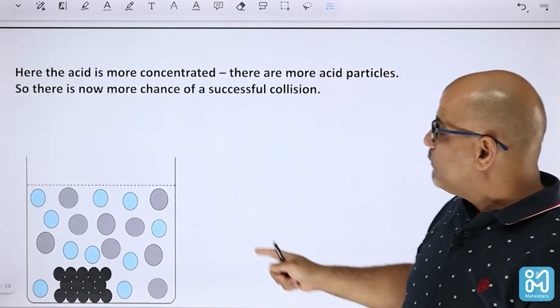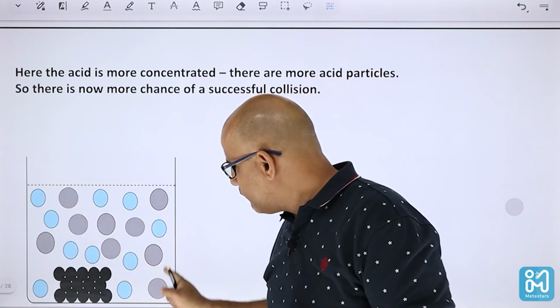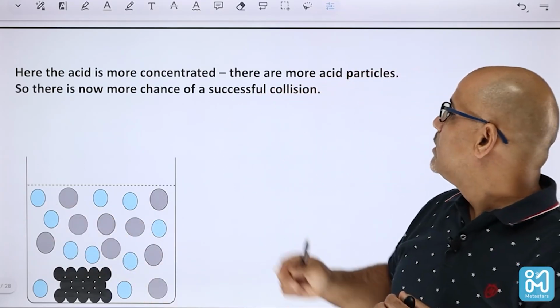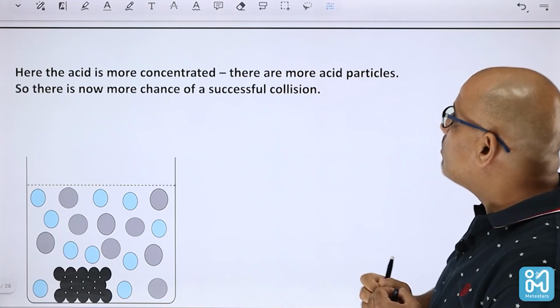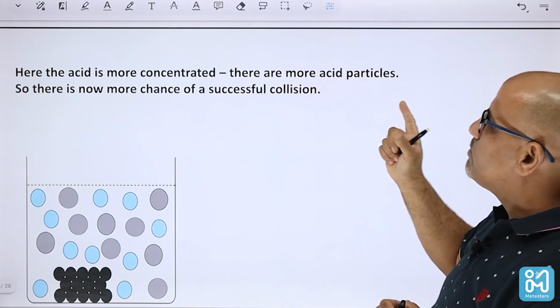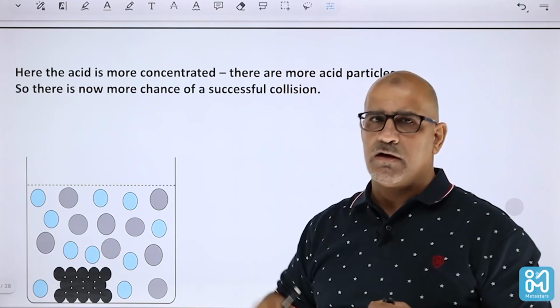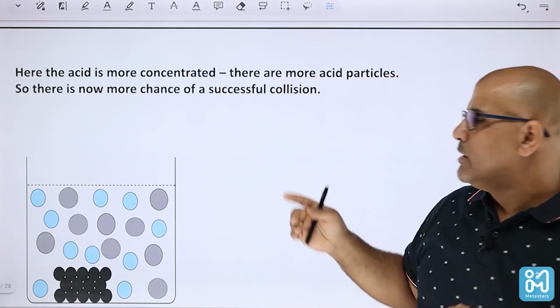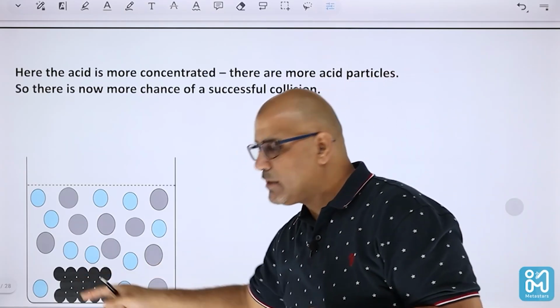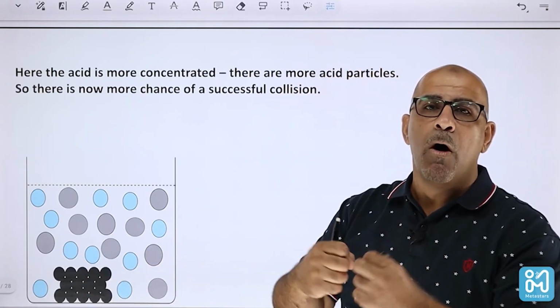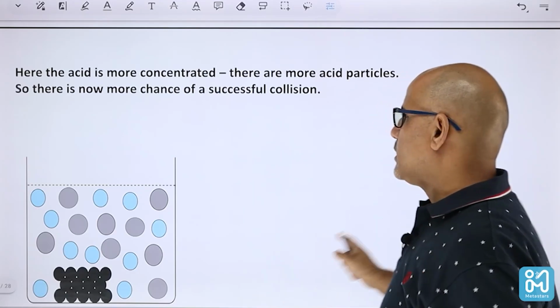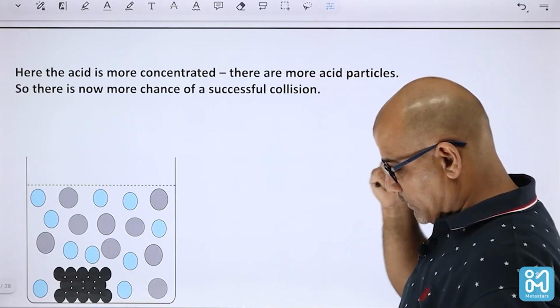But if there are a lot of acid particles and the acid is more concentrated, the acid particles have more chance to hit the magnesium, and there is more chance for successful collisions.